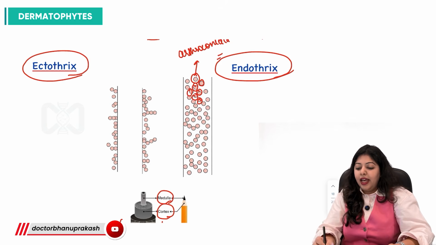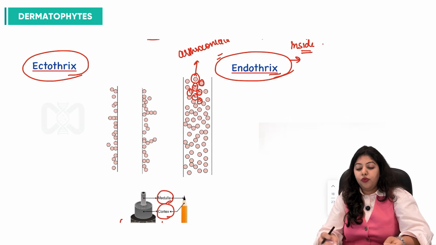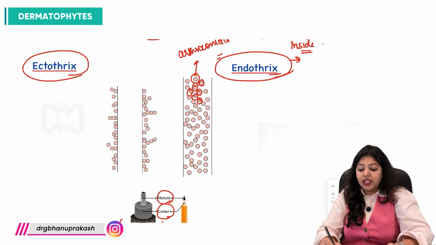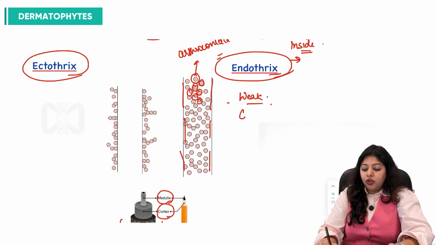Endo means inside, right? So the conidia invasion would be present inside the hair shaft. The conidia will grow inside the hair shaft, making the hair weak, and it also damages the cuticle as well.